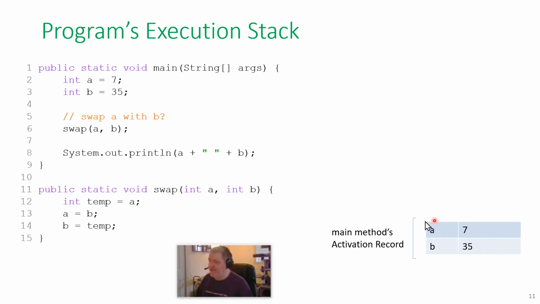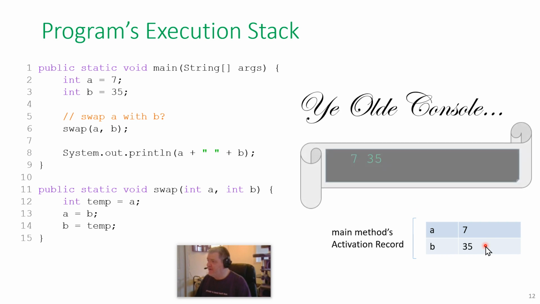So we are back inside the activation record of the main, where there are only local variable A and local variable B, and I mentioned that I should also have added the parameter args here in memory that is relevant to this execution of the main. And so when I display A and B, guess what? I display A, which is here, B, which is there, 7 and 35, still not working, okay?